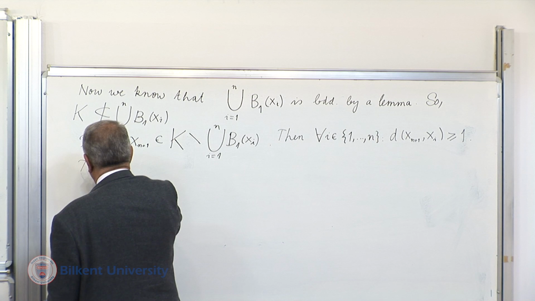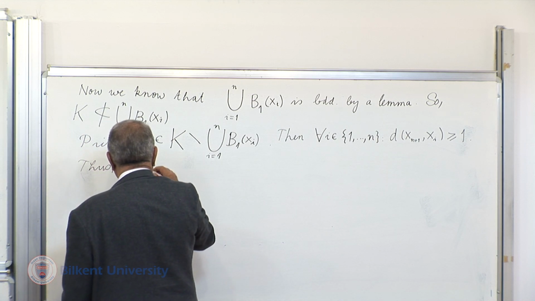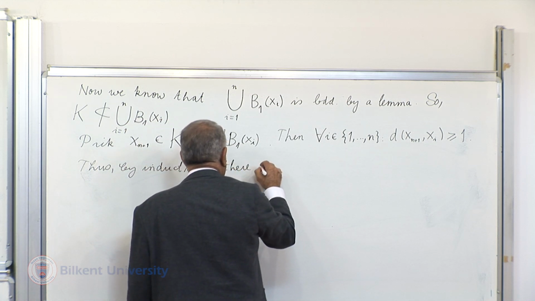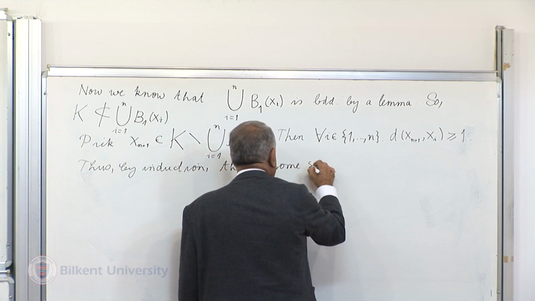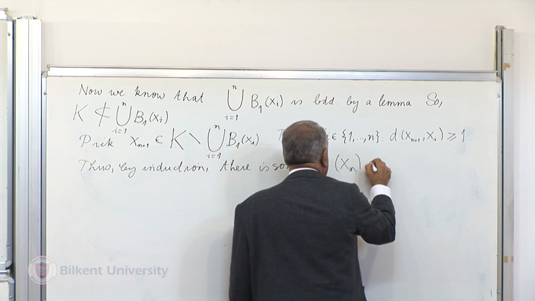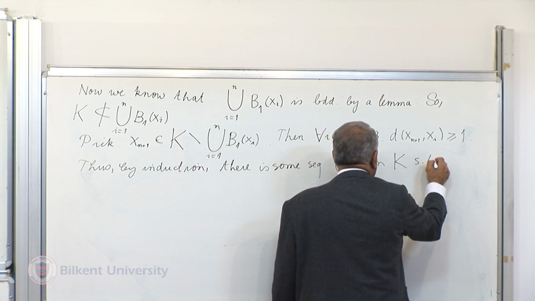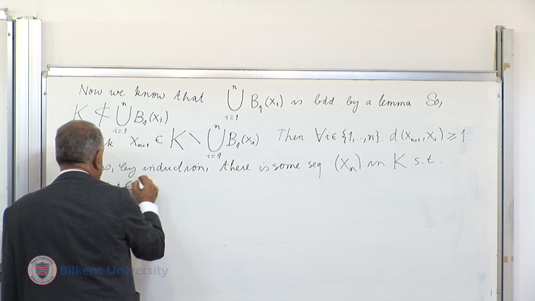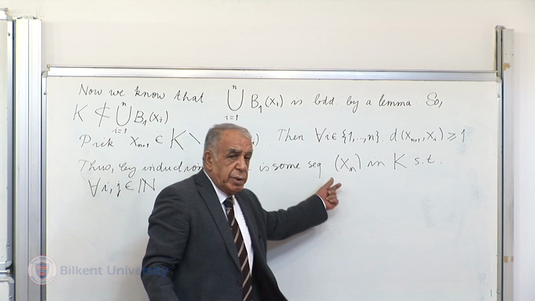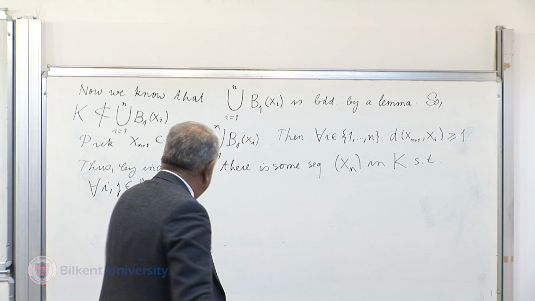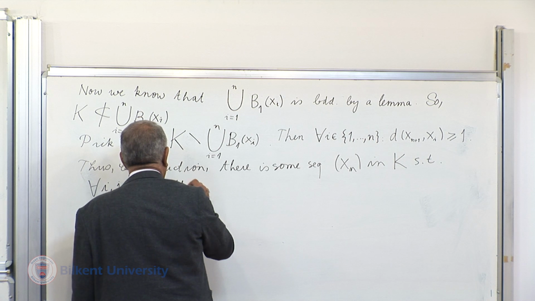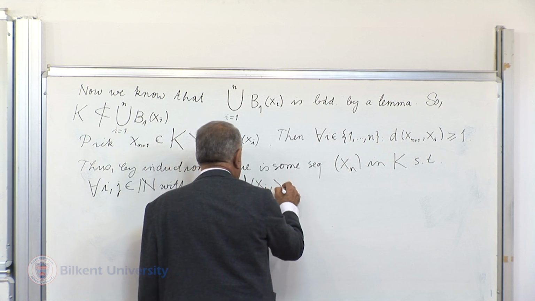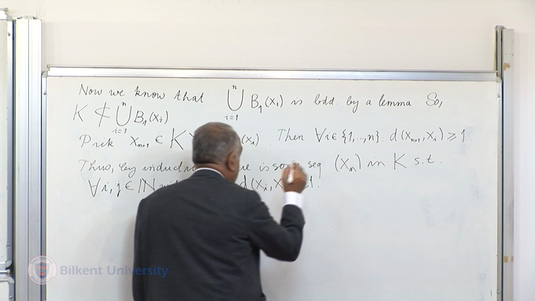Thus, by induction, there is some sequence xn in K such that for all i, j in N, no matter what 2 terms in this infinite sequence I take, if they are different from each other, we have d(xi, xj) larger than or equal to 1.